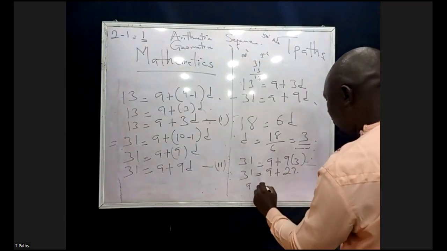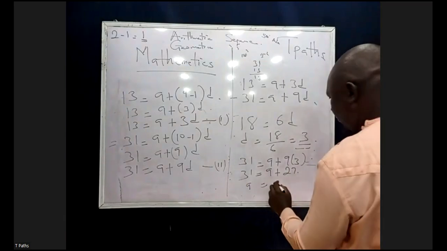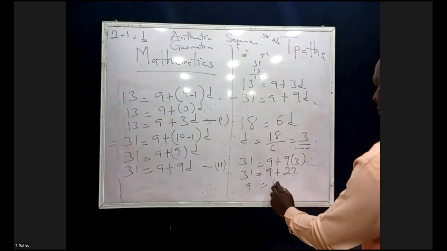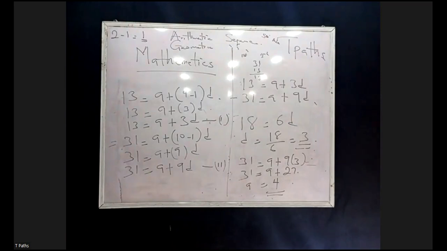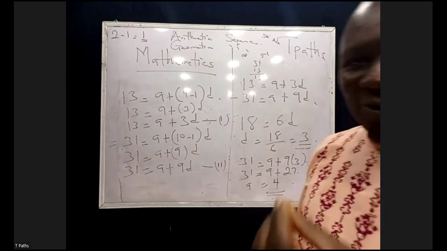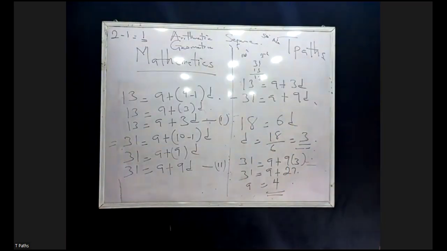Our A is 4. The question says we should look for the 21st term. Therefore, for you to get the 21st term, you must look for the D and you must also look for the A. Hope you get it.